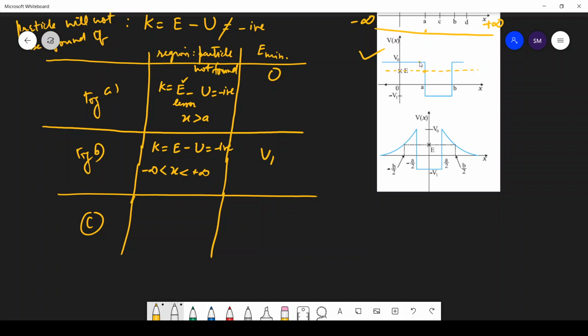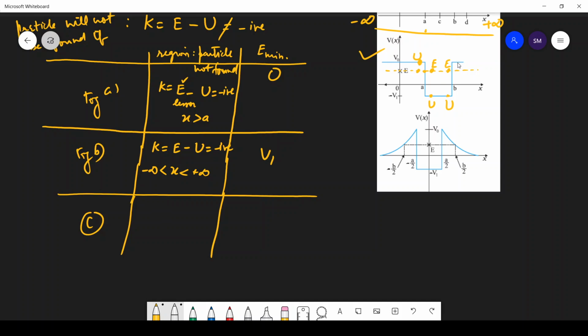Here U is greater than E, so the particle will not exist in this region. Here this is your E and this is your U, so yes, the particle will exist here. E is greater than U, so K will be positive.